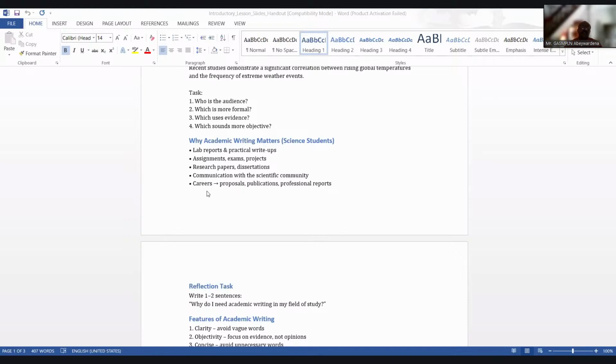Then for careers, sometimes when you get a job, there also you need to write proposals, publications, and professional reports. Did you understand? There are a number of areas where you need to use academic writing. On the whole, everywhere in the university, you have to use academic writing whenever you want to communicate with others.